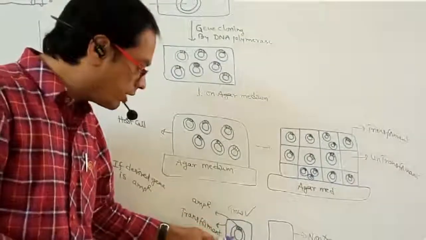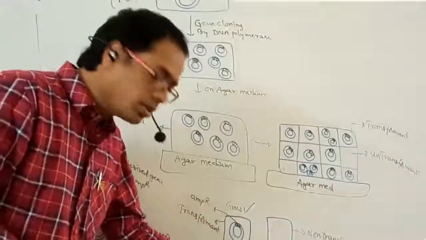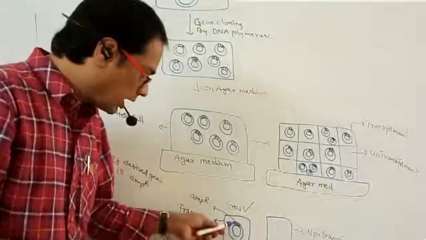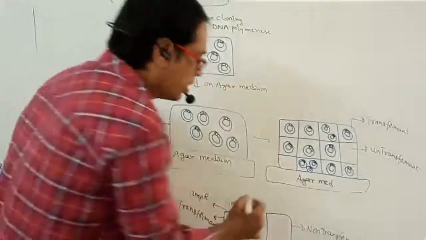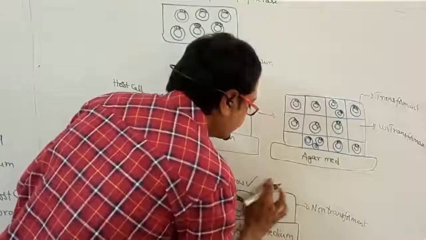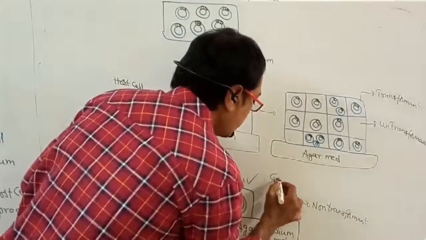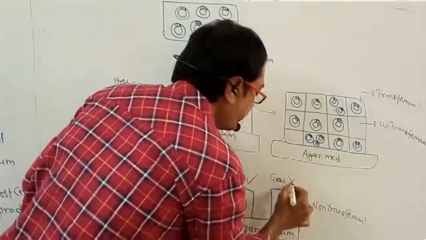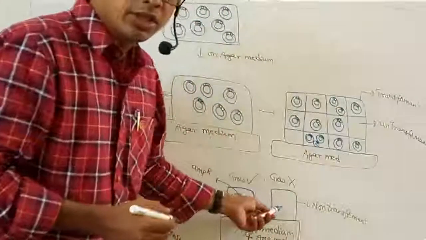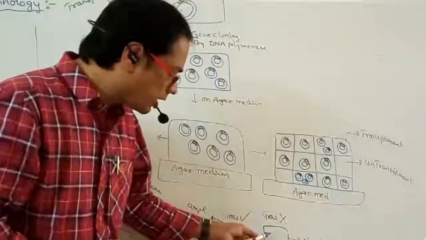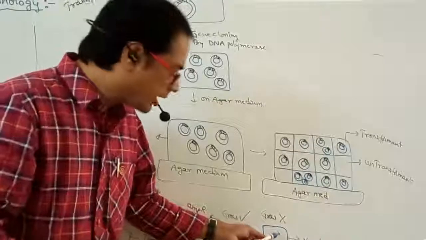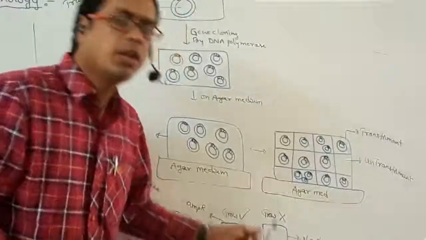The transformant will survive on ampicillin medium. Why? Because this cell has the ampicillin resistant gene. Now this cell will not grow, it will die. Why? Because this is the cell without rDNA. No rDNA means no ampicillin resistant gene, so it cannot survive in ampicillin medium.